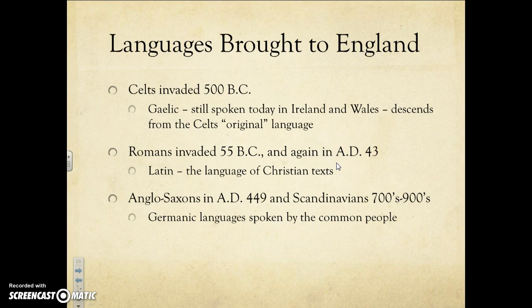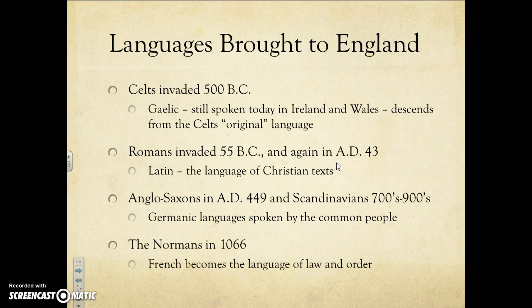And the Anglo-Saxons and then the Scandinavians, from 449 to 700 and 900, had various and multiple invasions, and they brought Germanic languages. So these are the portions of Northern Europe that are today Germany or the Netherlands or Scandinavian countries. Those languages also influenced English.